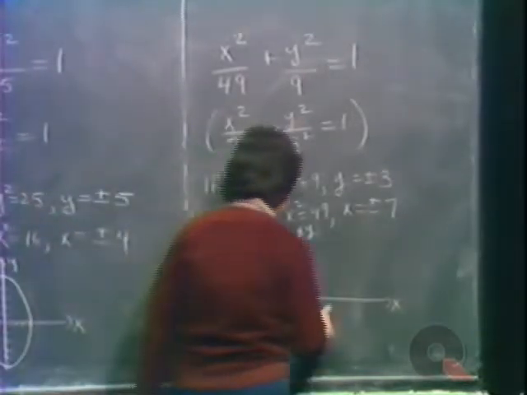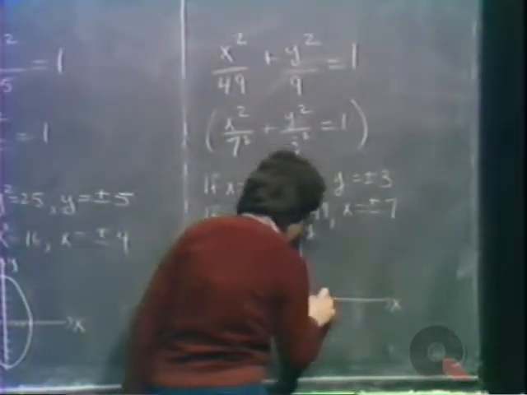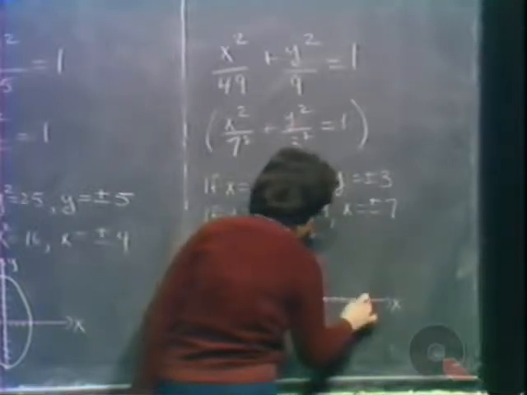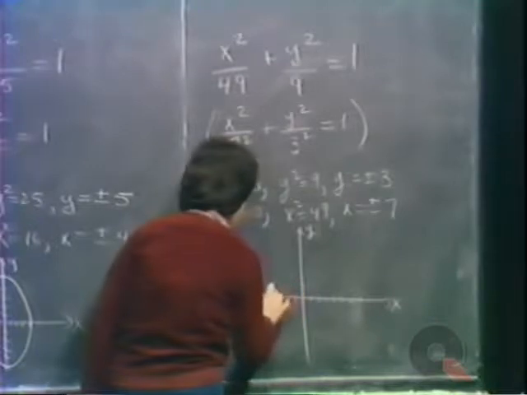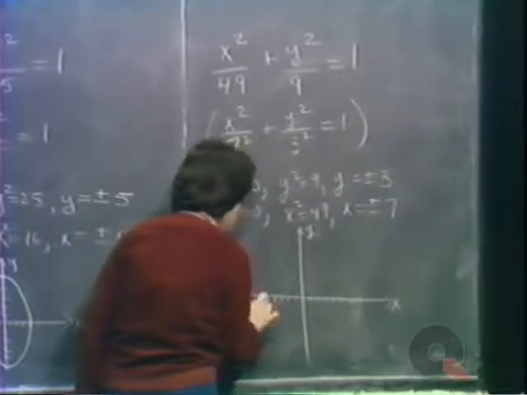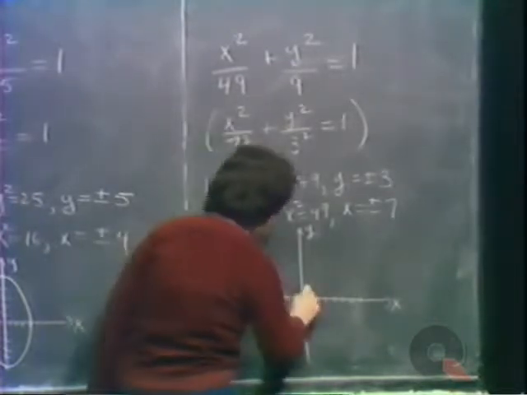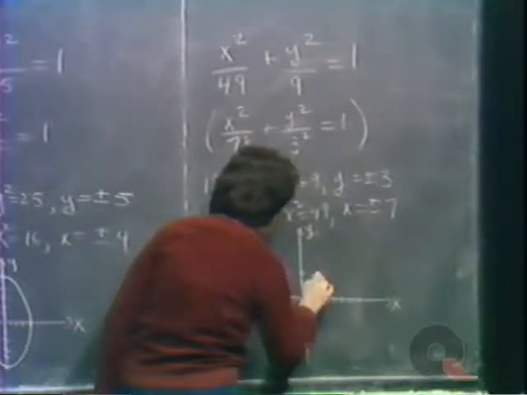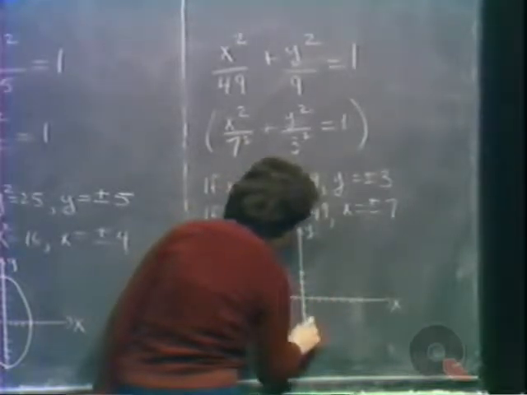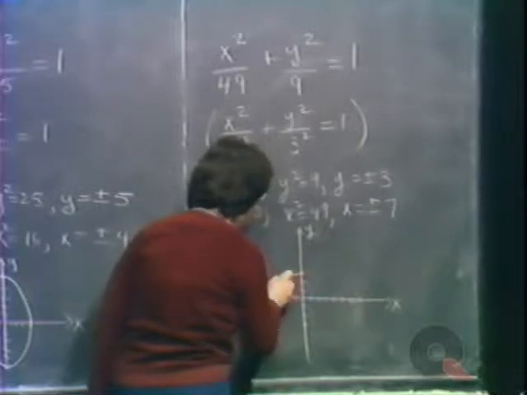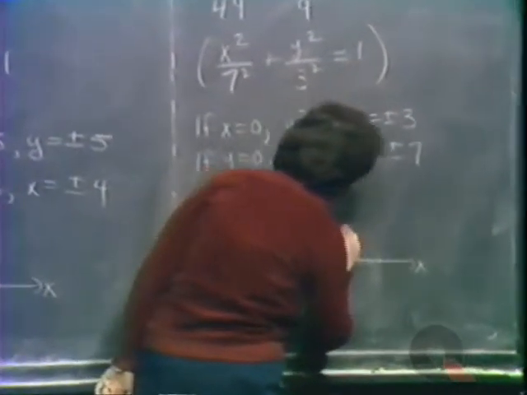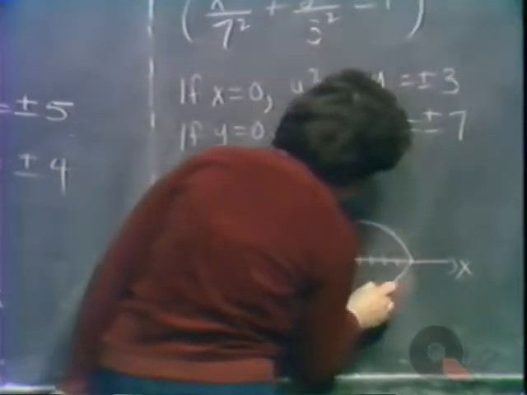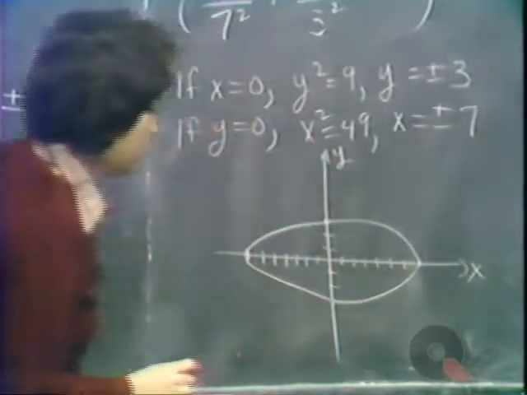So we have x-intercepts at 7 and minus 7. Our y-intercepts at 3 and minus 3. And trying to draw a nice oval-shaped curve through this.